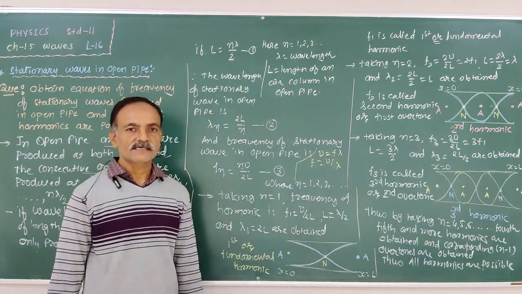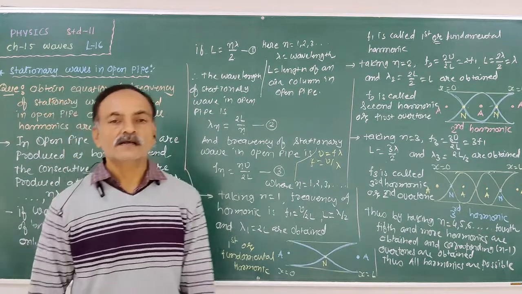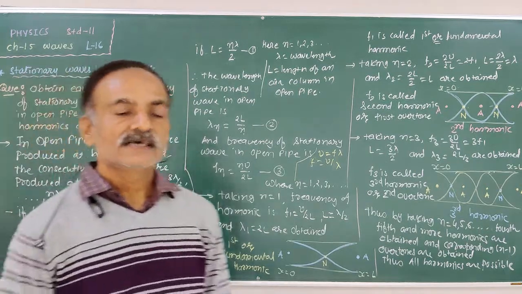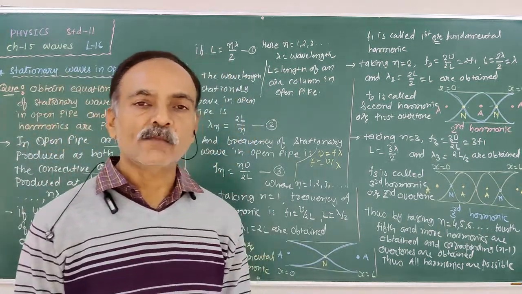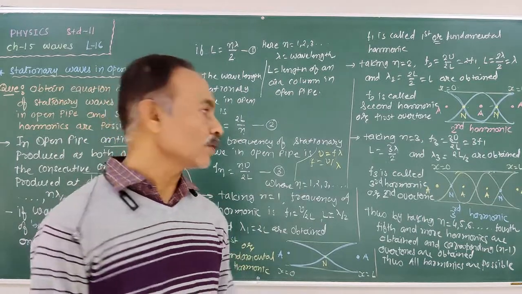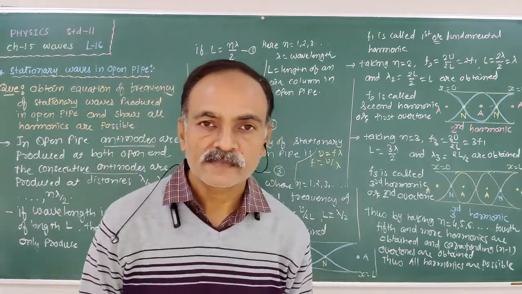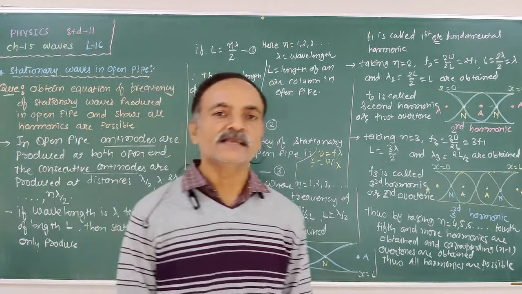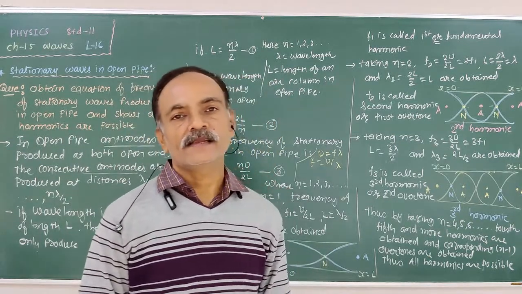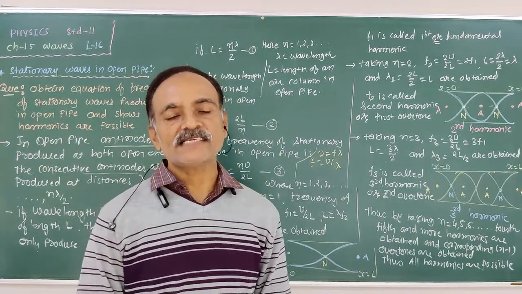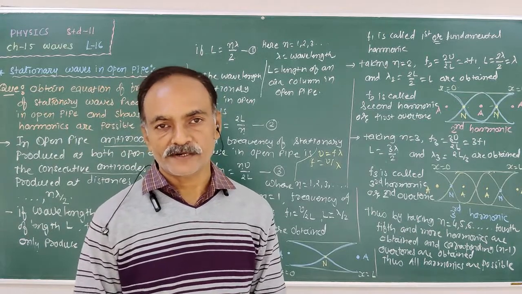Clear this? So, we just discussed the harmonics produced in a string tied at both ends, a closed pipe and also an open pipe. What are the harmonics produced in the string and open pipe? The equations are the same but the patterns are different.